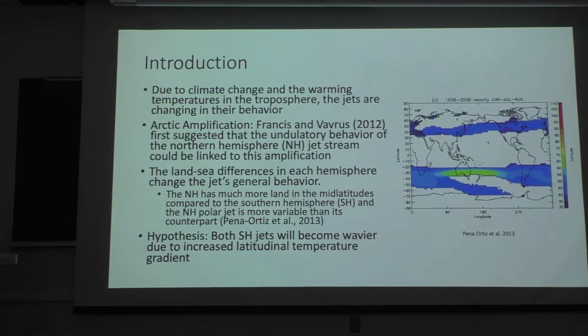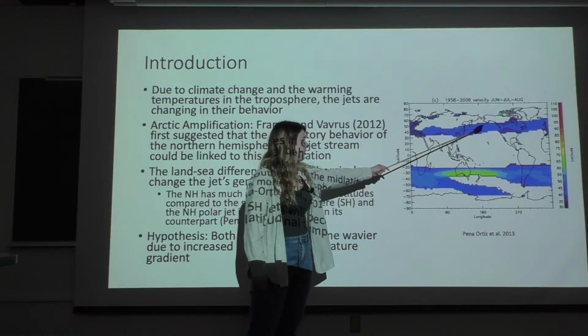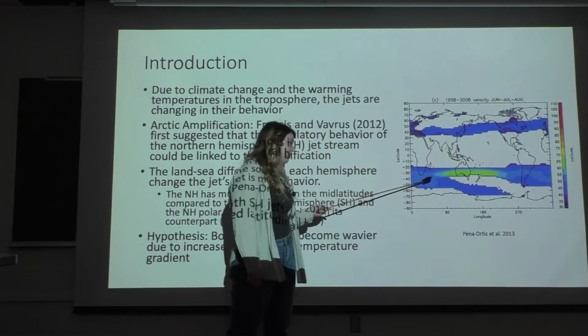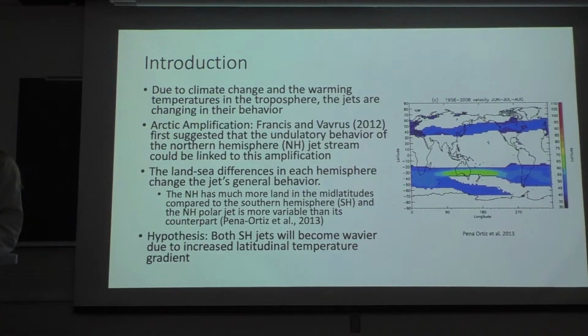The land-sea differences between the Southern Hemisphere and the Northern Hemisphere are quite different, as you can see in this map. There's far more land in the Northern Hemisphere than in the Southern Hemisphere, and that does have effects on the jets' behaviors when you compare the two, in that the Northern Hemisphere jets are much more variable than the Southern Hemisphere.